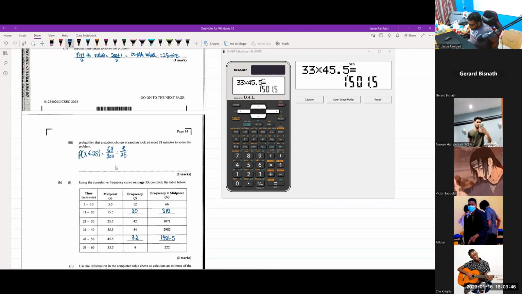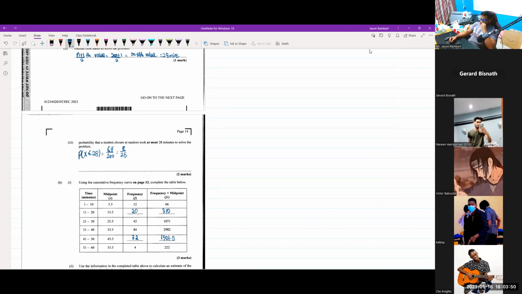Understand what I'm saying? Cumulative frequency and frequency, right? This and this are supposed to be the same, correct? Yes, sir. So if the frequency is 12, the cumulative frequency will also be 12. Then this plus this will give me this one, correct?